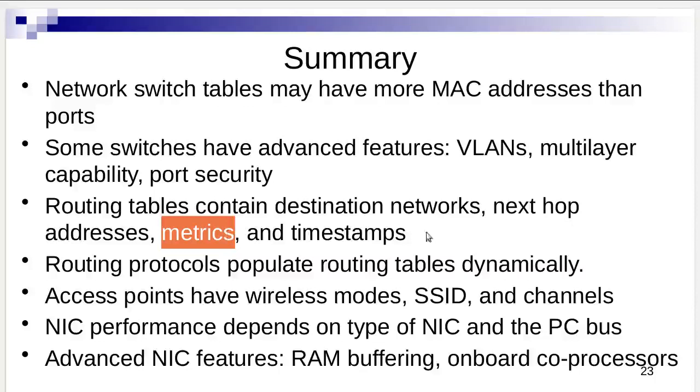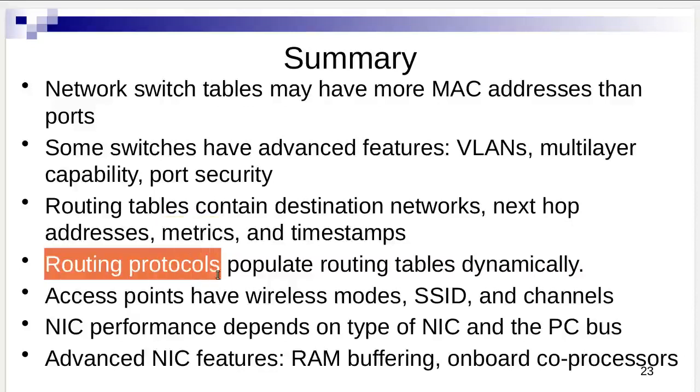And then you look at timestamps too, so that you can reconfigure your routing table. Just like switching tables, routing tables also change dynamically, and the protocols that we use will populate these routing tables dynamically. That is, they'll change with time.